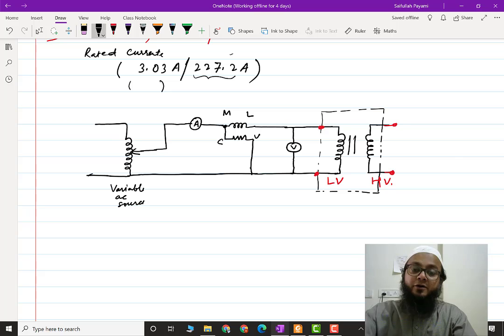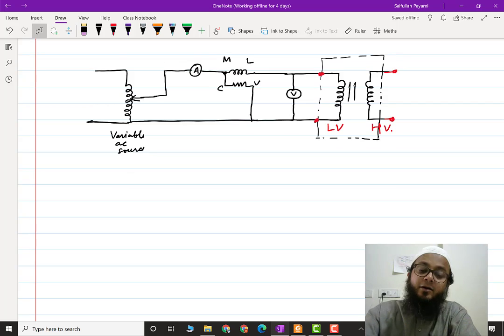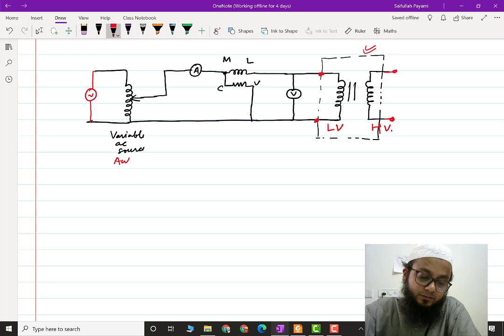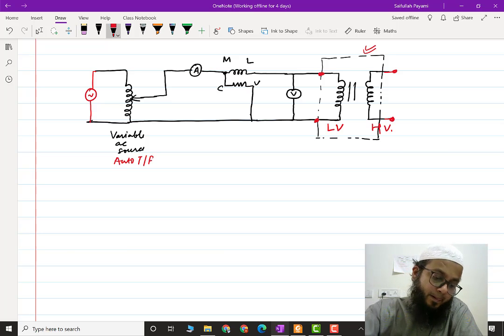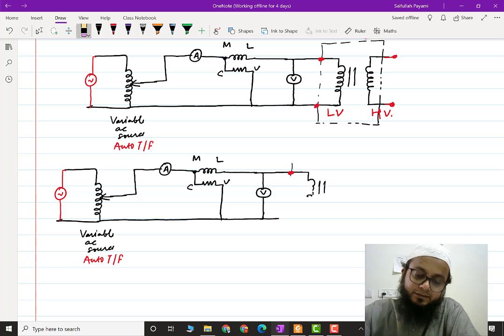So obviously, if you draw the equivalent circuit diagram of this transformer, I'm just representing the transformer by its equivalent circuit diagram.